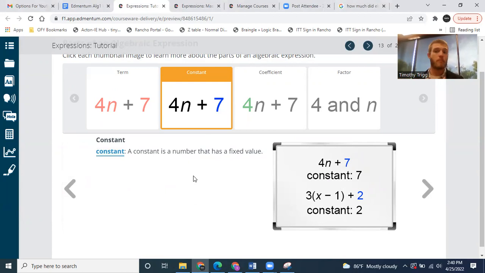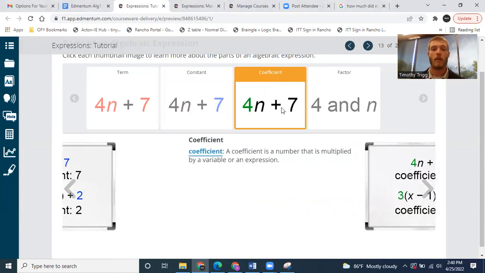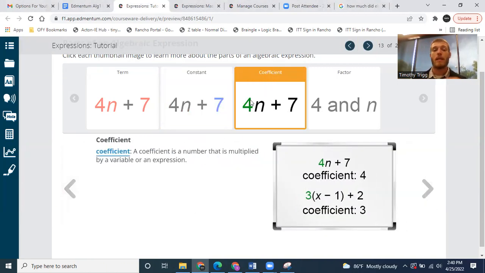And I'm going to be using these terms all the time throughout this entire course. So just make sure that you understand these terms so you don't get too lost, okay? A coefficient is a number that's in front of a variable. When a number is in front of a variable, we call that a coefficient. And that number and the variable are actually multiplied. So when you see 4n like that, that means 4 is multiplied with n.